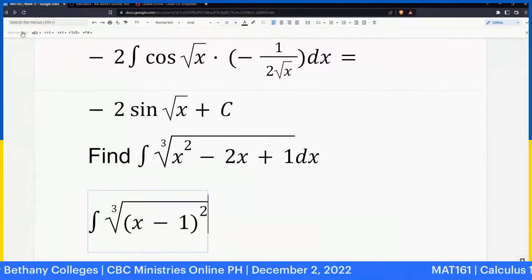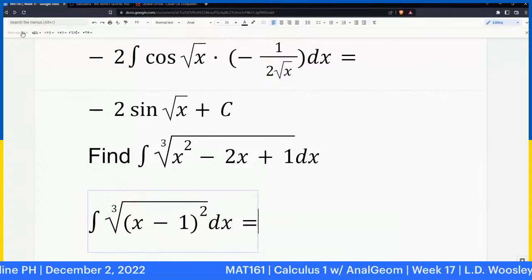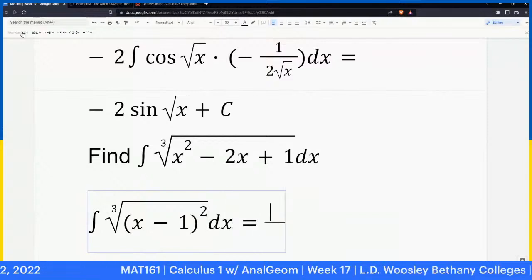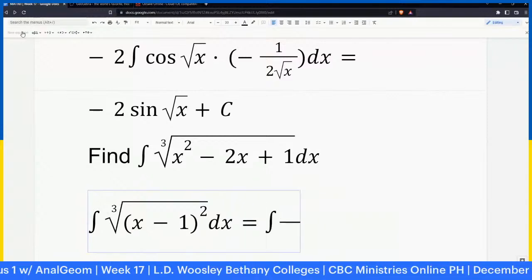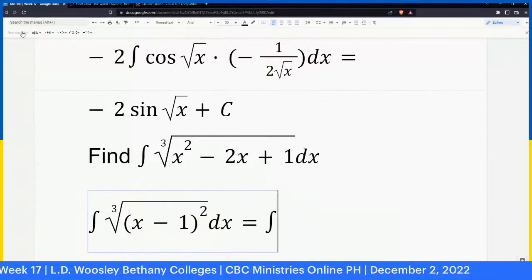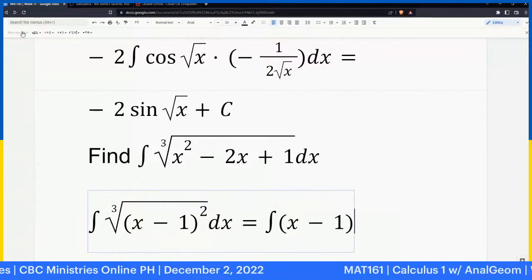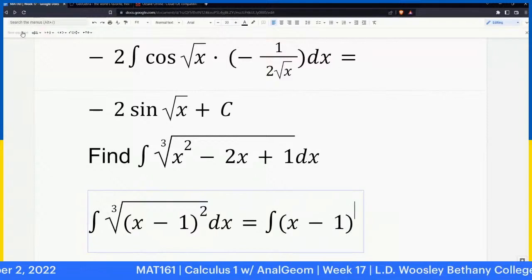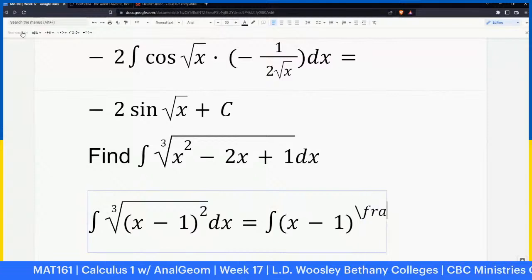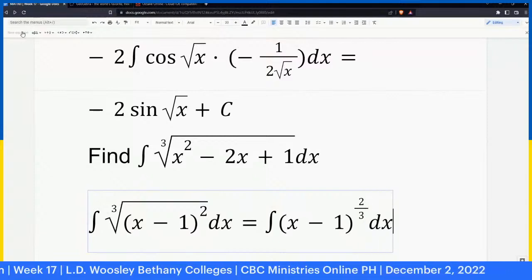So yung u mo ngayon, i-convert mo ngayon yan sa fractional expressions. Alright, so pag release mo yung x minus 1 raised to what? 2/3, correct. 2/3, meron ka nang makukuha dyan.